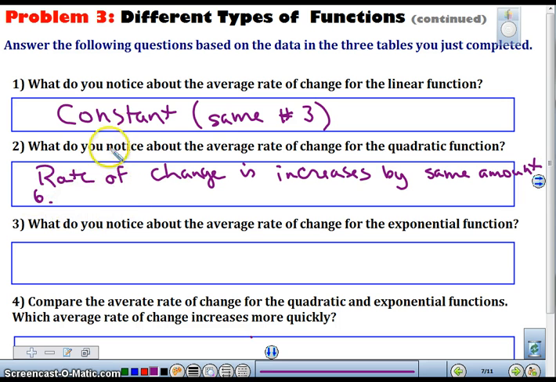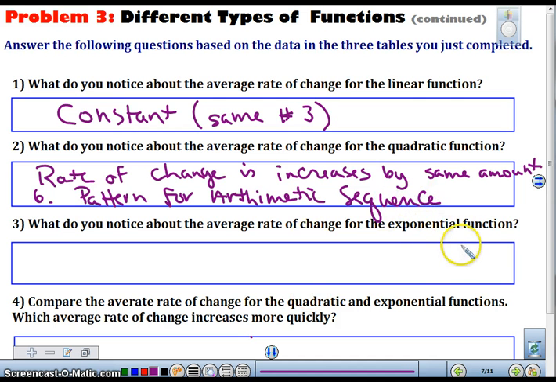This is a pattern for, if we are looking at our table, an arithmetic sequence. So all the things from earlier this year are kind of coming back as we finish the end of this, because you have a common difference. That common difference in our slopes is the 6.